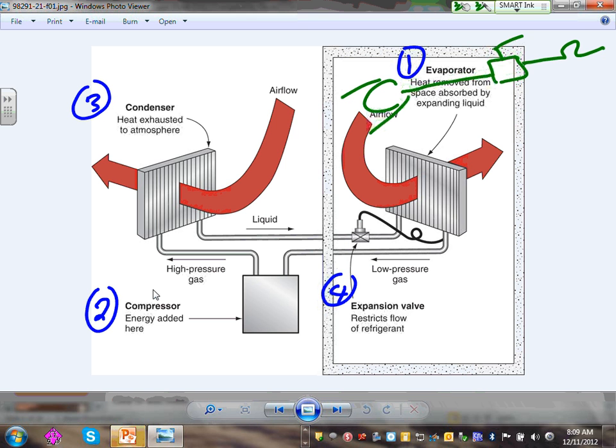So here's my interface with this system. We have this so-called evaporator, and the evaporator has refrigerant, a liquid capable of absorbing heat. Refrigerant is a liquid material that's capable of absorbing heat from the surrounding atmosphere. So that's what a refrigerant is.